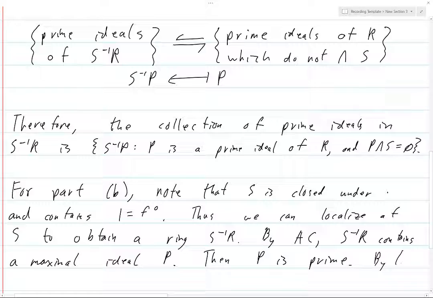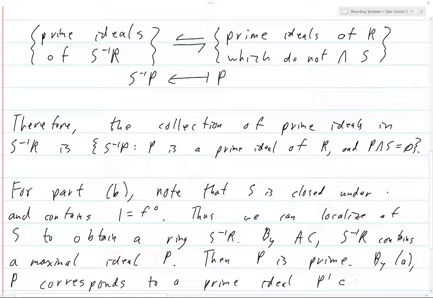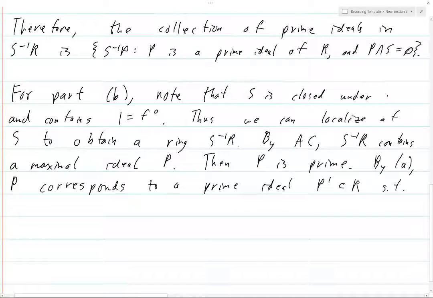Because by part A, P corresponds to a prime ideal P prime of R such that P prime intersect S is empty.